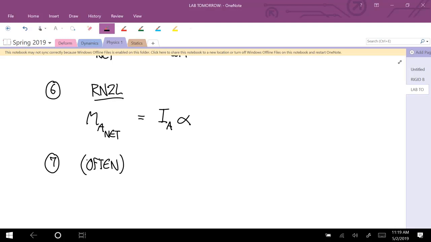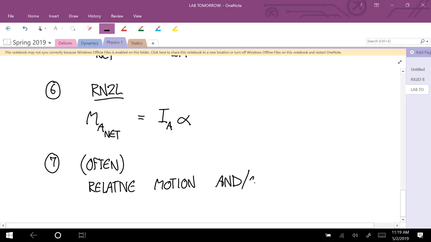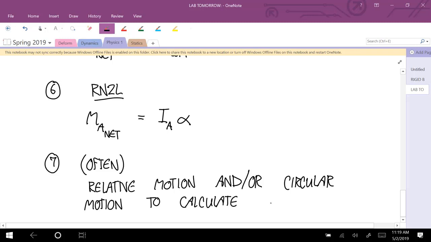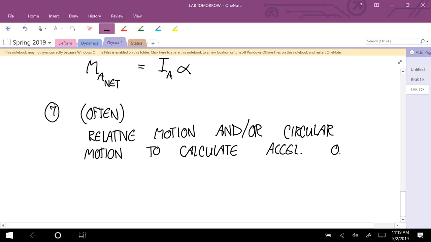And then you can use relative motion and/or circular motion to calculate the acceleration of other points on the body.